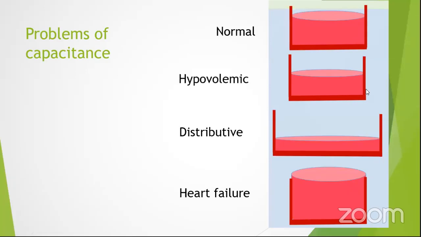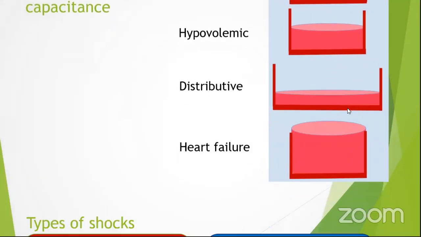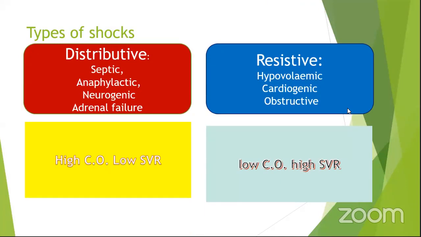So here, this is very important, the fluid assessment, to understand the underlying cause of shock. So here are the two types of shock you have to keep in your mind. This is very important to differentiate, as an approach for you: distributive shock or resistive shock. Distributive shocks usually have high cardiac output but low systemic vascular resistance.